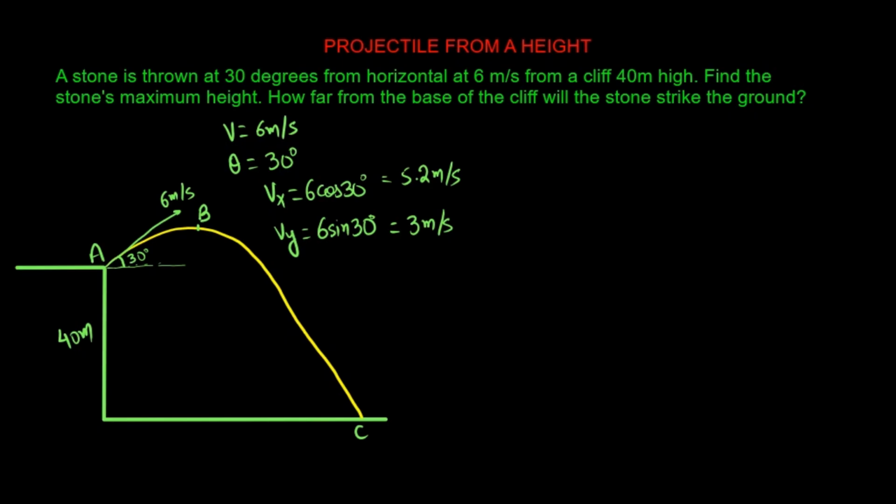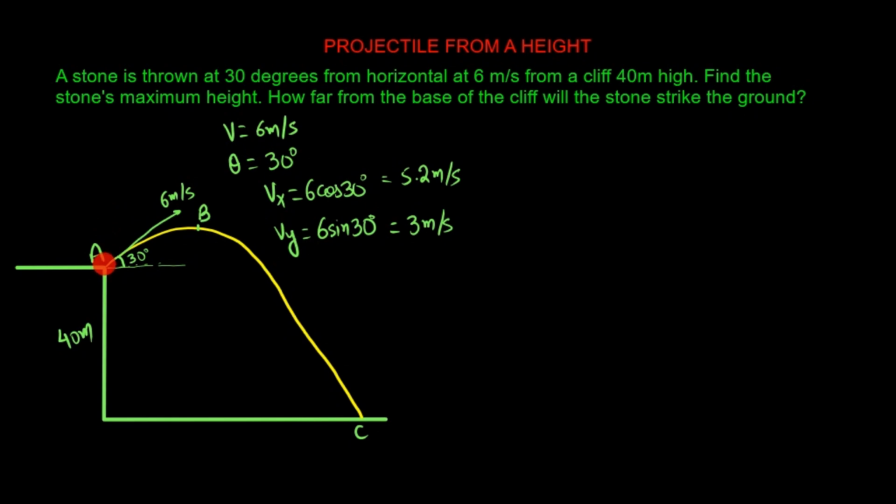When we do A to B, A is the initial point, so the velocity at A would be initial velocity. I am talking about height, which is the distance in the y direction. So I will only worry about y component of the velocity, which is 3 meters per second.